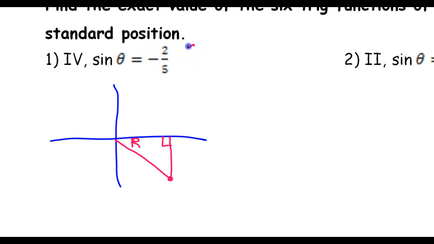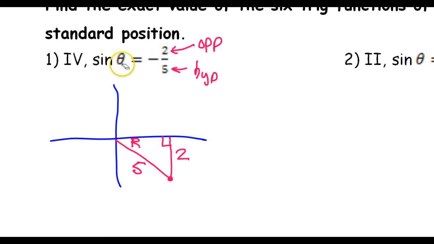So when I look at the sine of theta, I'm thinking the definition of sine is opposite over hypotenuse. So from this reference angle, opposite is 2 and the hypotenuse is 5.